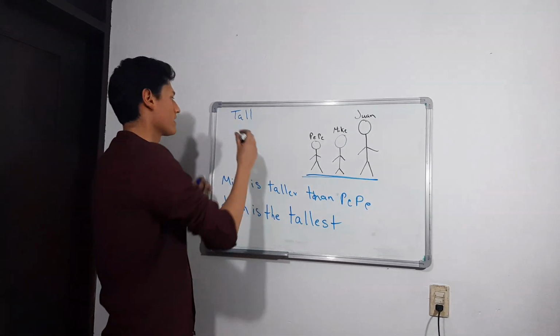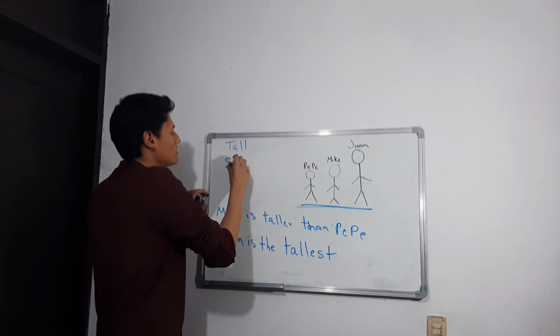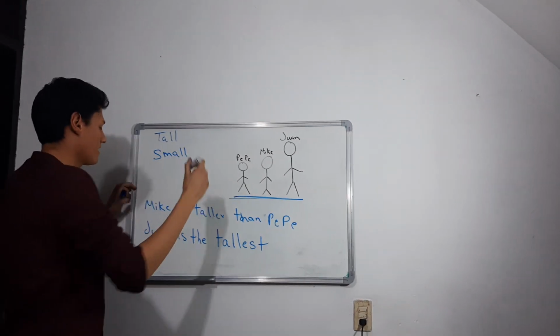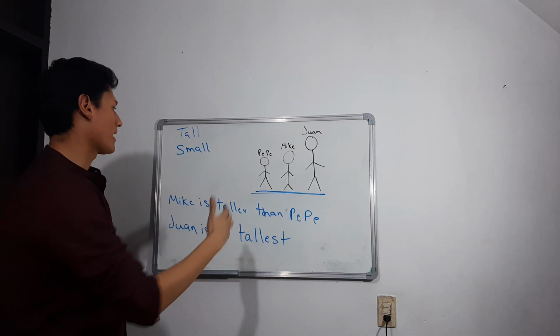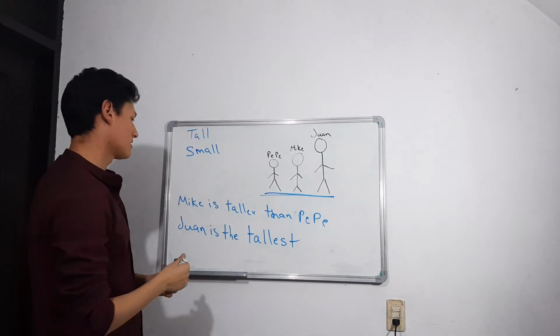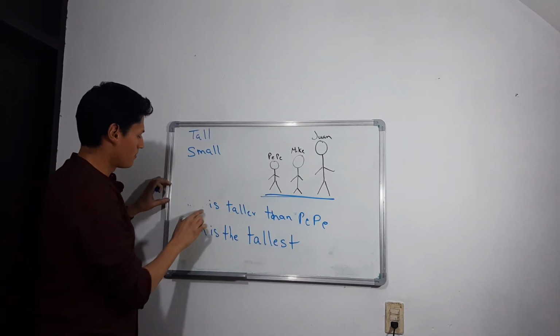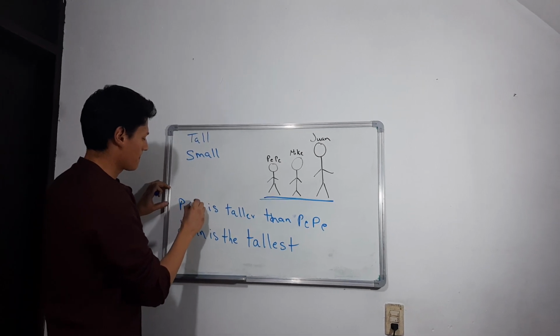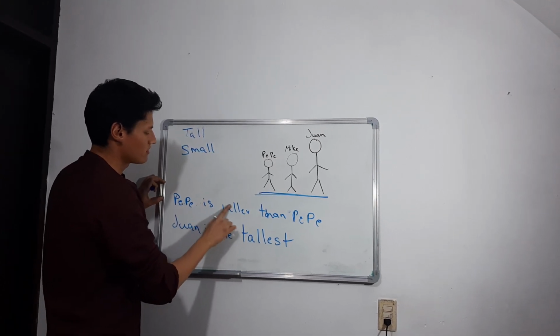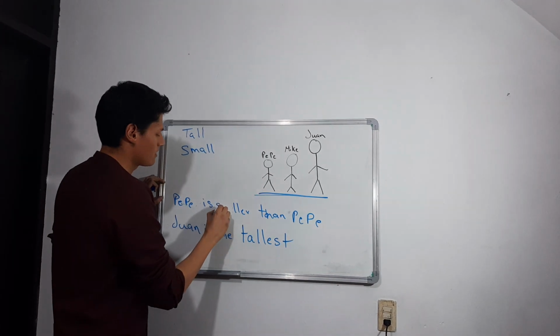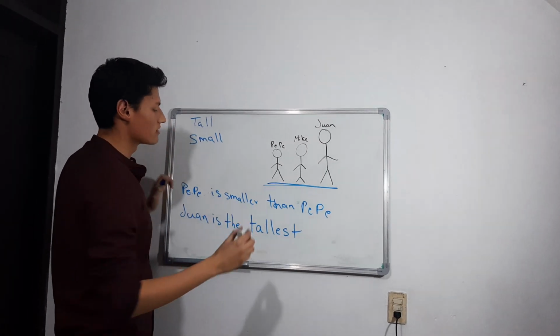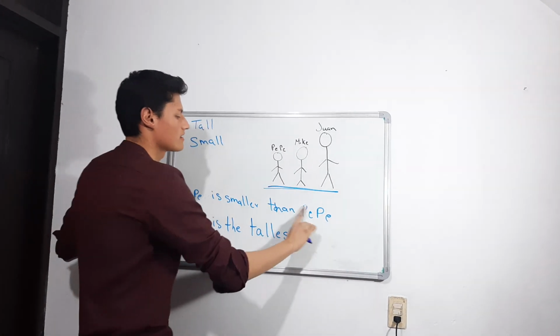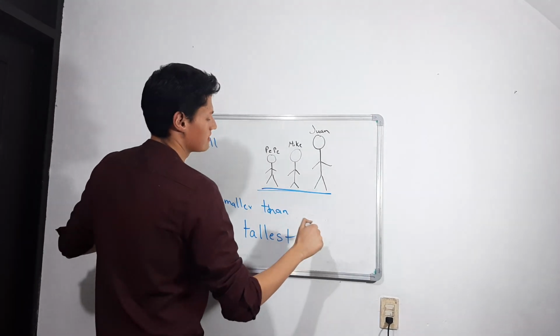We can also use the adjective small. So we have Pepe. Pepe is smaller than Mike.